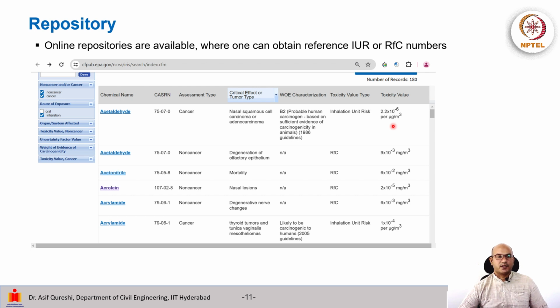microgram per meter cube. For acetaldehyde, we also have the non-cancer assessment done. The critical effect is degeneration of the olfactory epithelium.